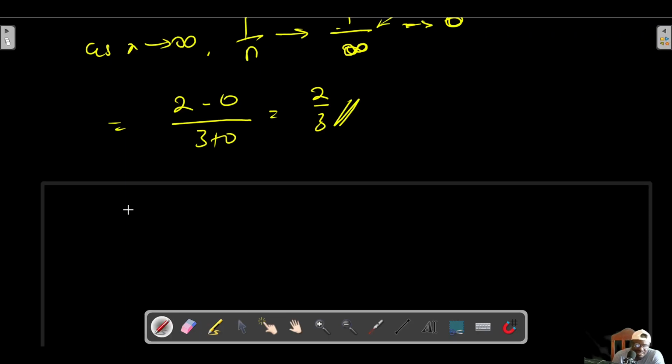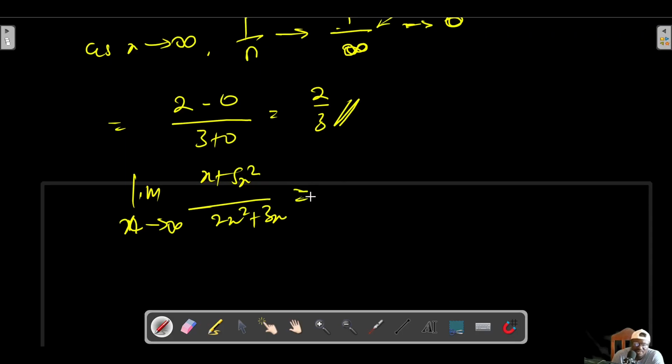Now, let us move on to another one. Let's just say we have the limit as n approaches infinity of the expression (x + 5x squared) divided by (2x squared + 3x). So here I can boldly say the answer is 5 over 2.